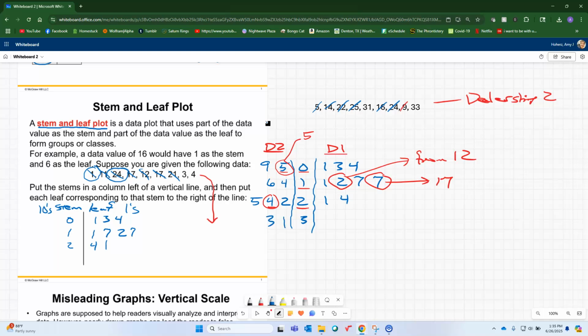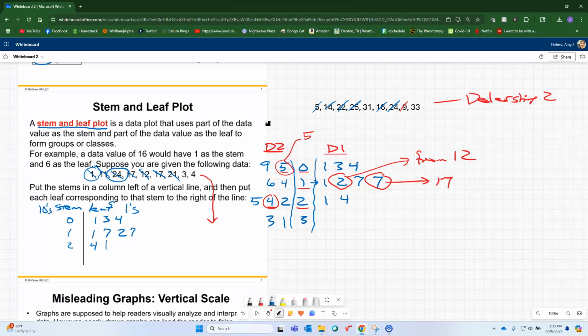So now if you look at this, you can compare, and you can say dealership 1 had most of its sales in the teens, from 11 to 17. Dealership 2 had them more spread out and had higher values. They had some in the 30s. It had a little bit over half its sales in the 20s and 30s, whereas dealership 1 had almost half its sales in just the 10s.